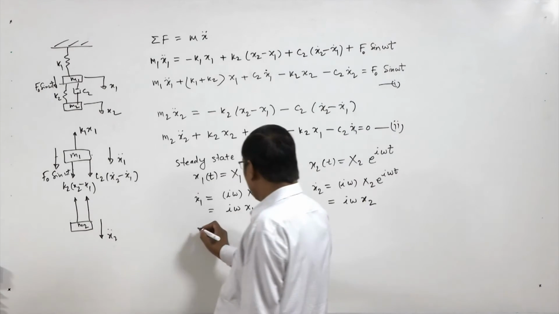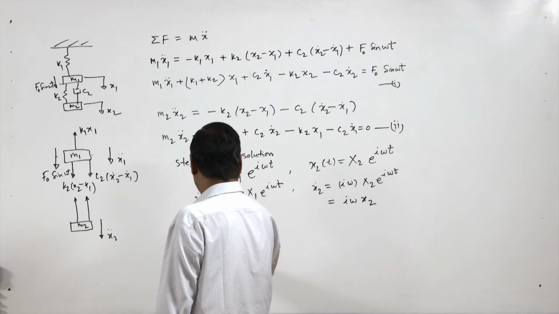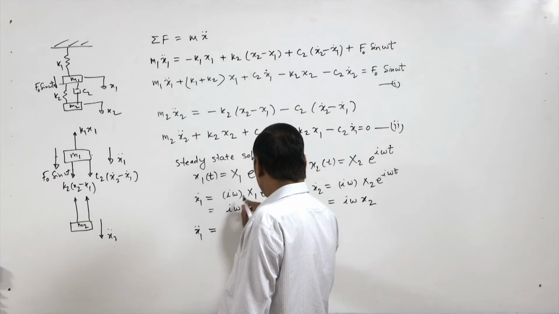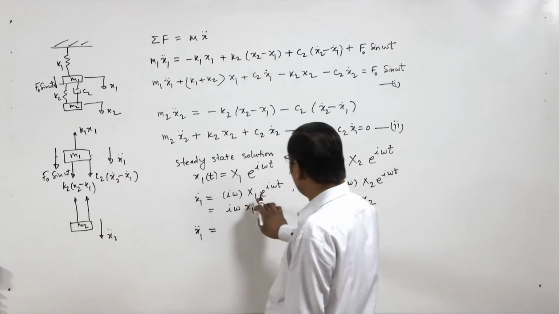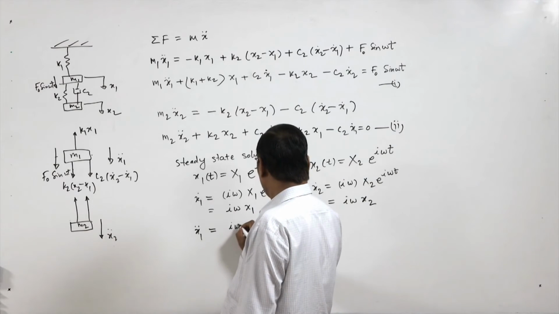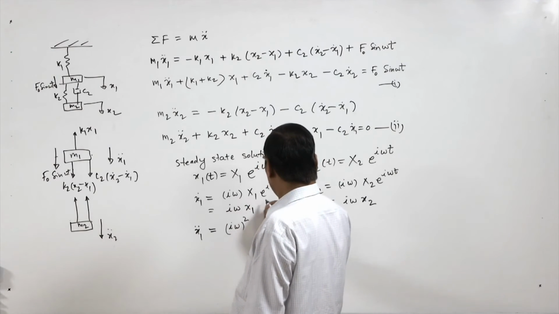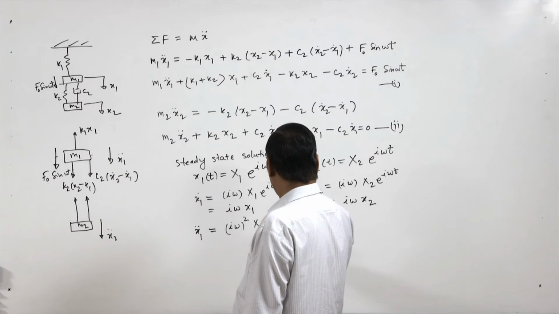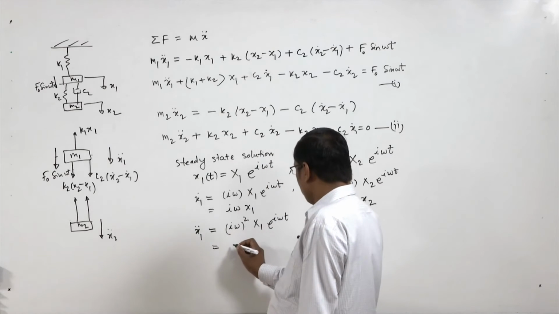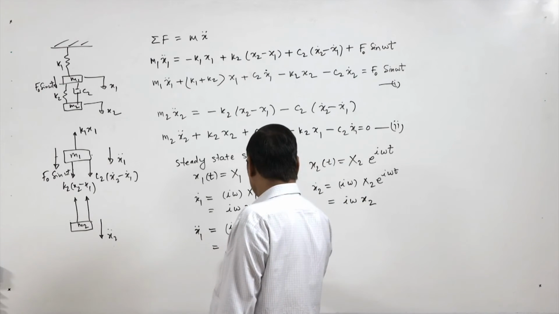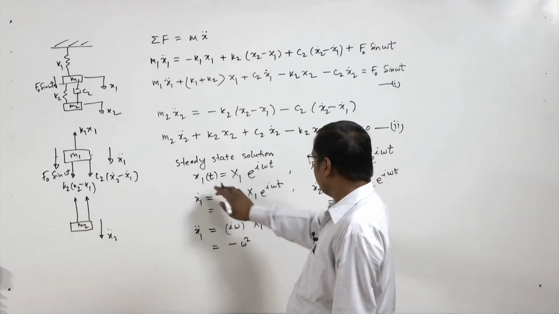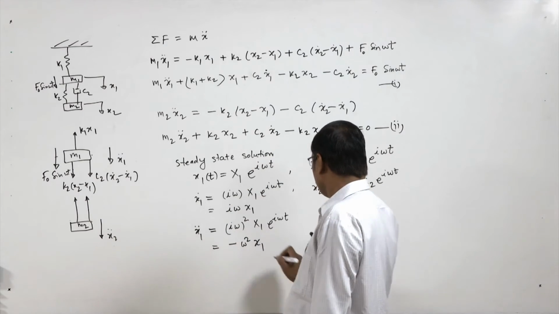Now to find x1 double dot, we can differentiate x1 dot. So if we differentiate this again, this is i omega square and X1 e power i omega t. So i square is minus 1, so it is minus omega square, and X1 e power i omega t is x1, so we can write x1.